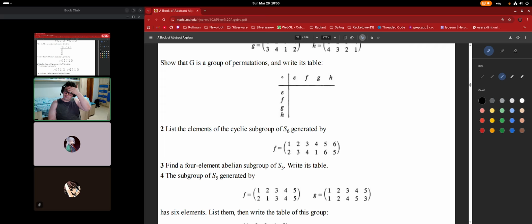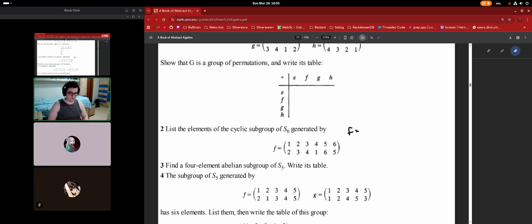Which one do I start writing here? Okay, start with F and then apply F to the result of applying F, and then it's going to rotate one more space, so it would be 3, 4, 1, 2, and 5, 6, I guess. Wait, the table here got screwed.